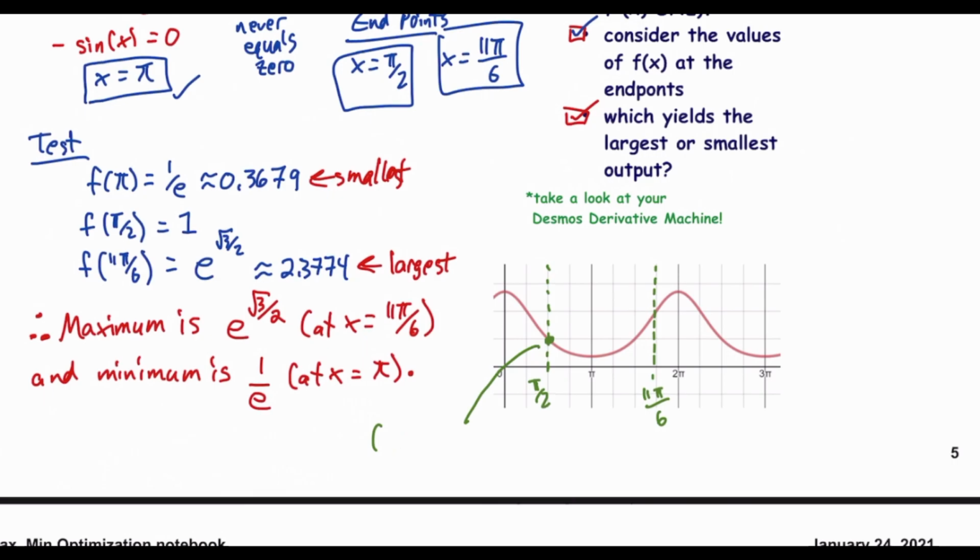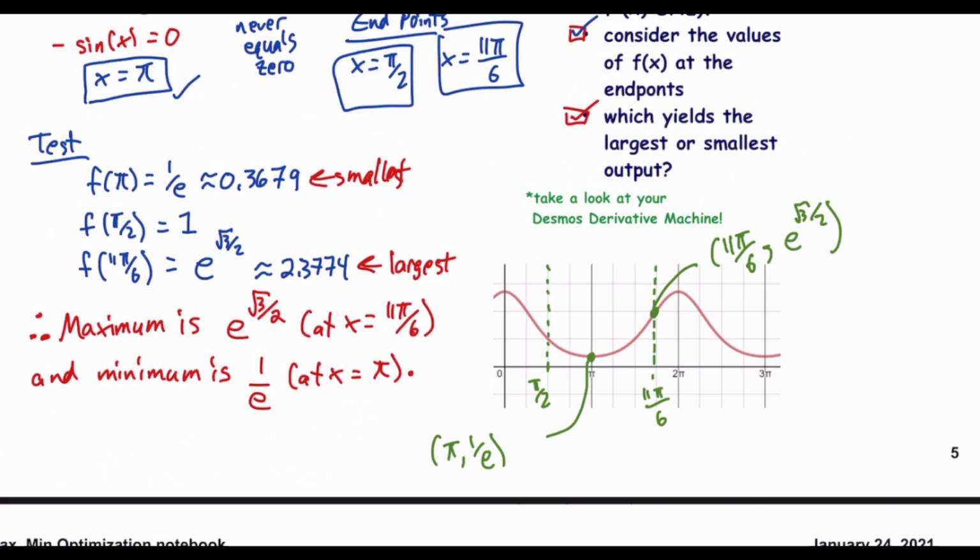Whoops, sorry, that's not our minimum value. That's our endpoint, though. Our minimum value was here at pi, 1 over e. And our maximum value is here at e root 3 over 2, comma, oh, I reversed that, sorry. 11 pi over 6 is our x value. E to the root 3 over 2 is our y value.